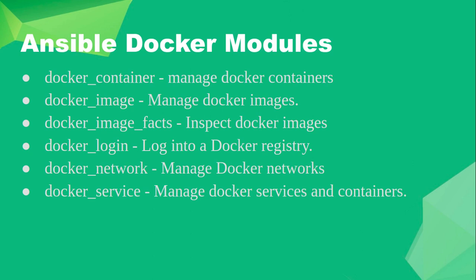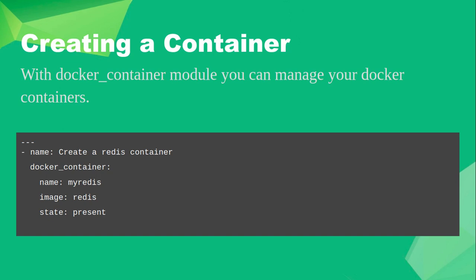So if we get any request on host machine port XYZ, it can be passed directly to the container, where we are binding the host port and your application port of the container. To manage all this, we have an Ansible module called Docker service, through which we can do all these things.